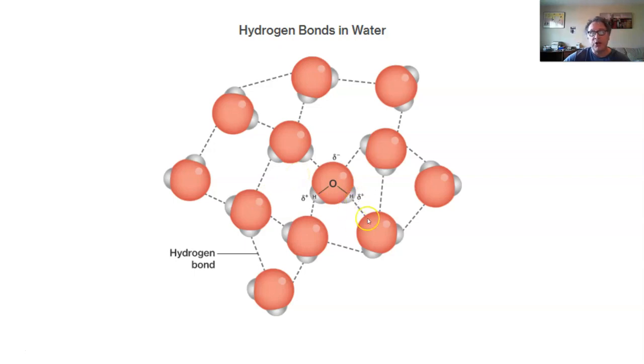And notice something, that you can have more than one dotted line connecting a single atom. So for instance, this oxygen is a hydrogen bond acceptor both here and here, right?